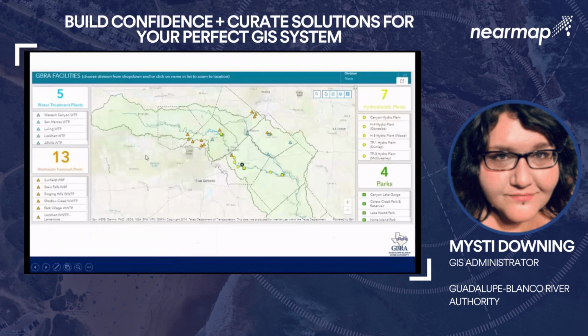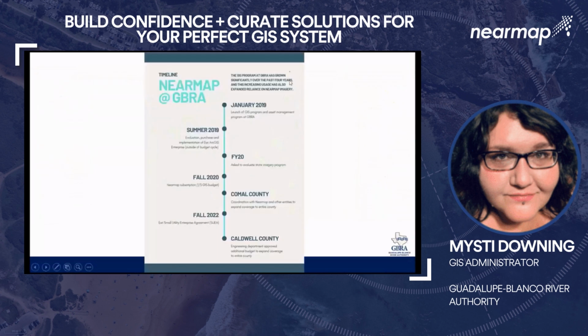This is a screenshot of a dashboard in one of our internal story maps called the Guad Squad report. It's an overview of our facilities within our district. We have 5 water treatment plants, 13 wastewater plants, parks, and the dams.